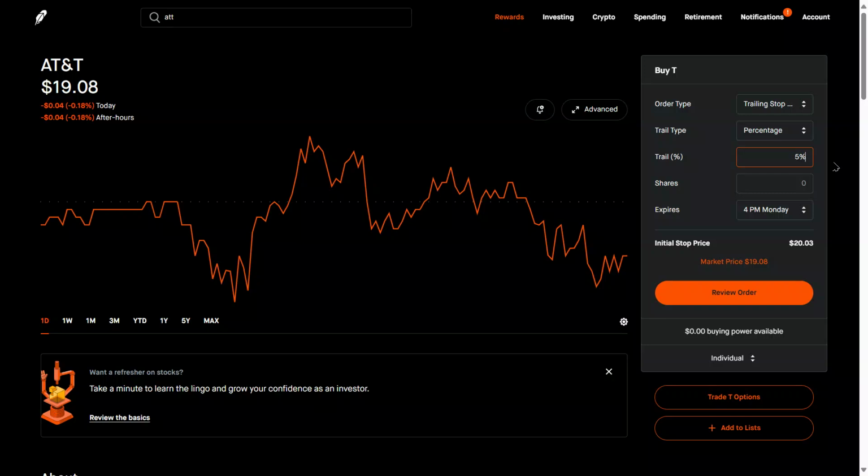So if this stock goes from 1908 to 2508, this trailing stop is not going to trigger my sale until it drops 5% from the 2508. It's going to keep adjusting every time the stock goes up. And what that does is it ensures that you lock in your profits, right?